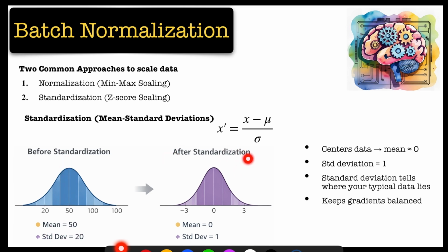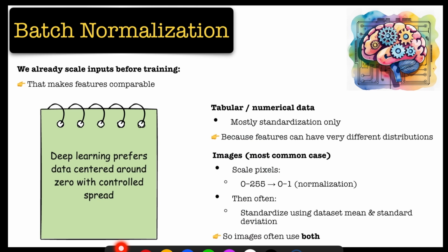After standardization, using this formula, x minus mu, where mu is the mean, divided by sigma, the standard deviation, we get a different distribution where the mean is 0 and standard deviation is 1. The standard deviation tells where your typical data lies. It doesn't tell where all the data lies, just the typical data. Also, standardization is mostly used in machine learning or deep learning because it keeps the gradients balanced.